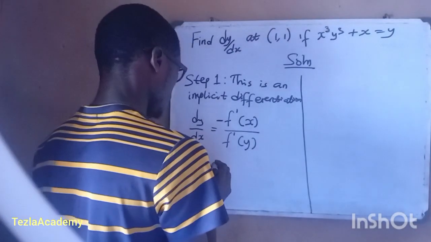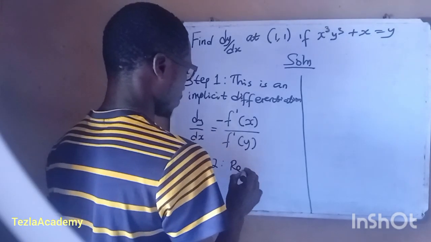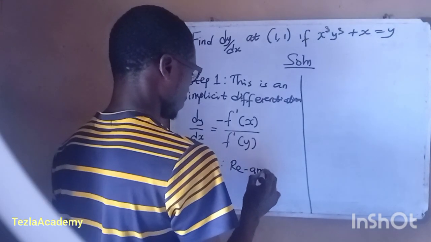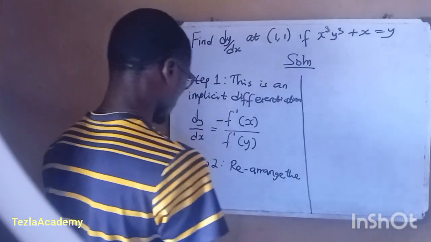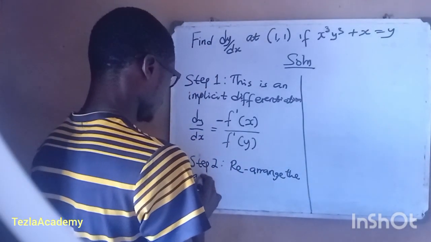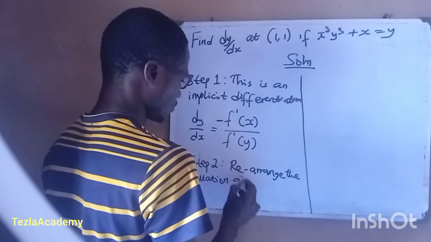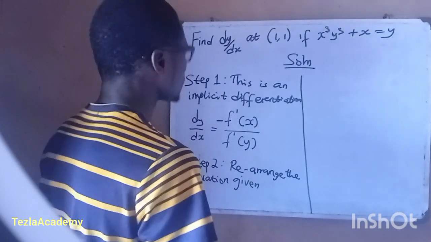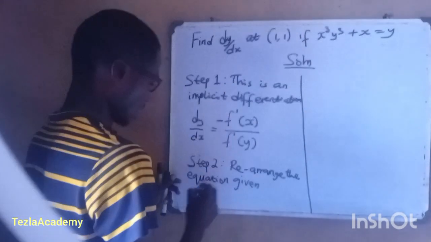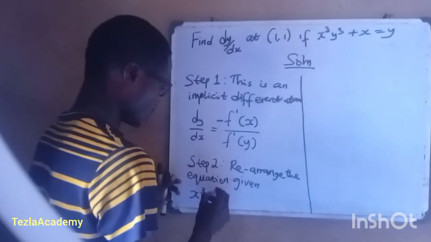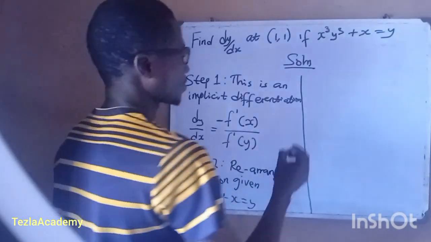Step 2 says rearrange the equation given. So we rearrange the equation given, and it is given there as s cubed y cubed plus s equals y.